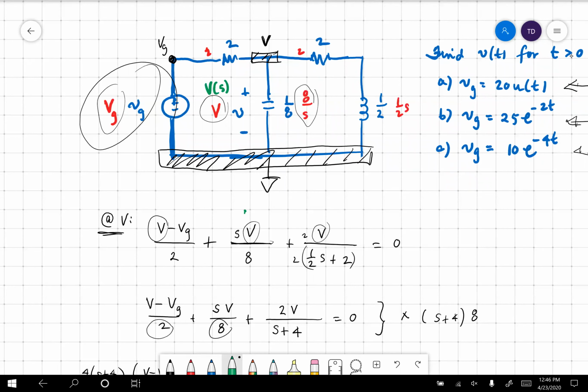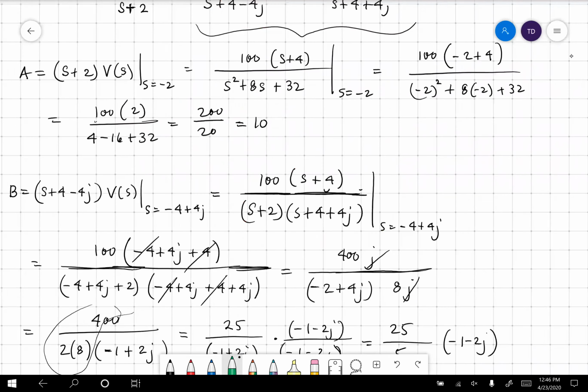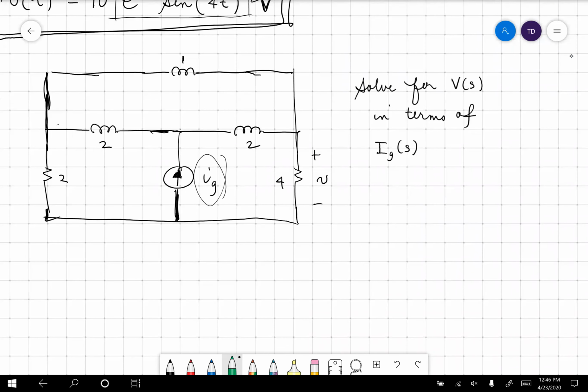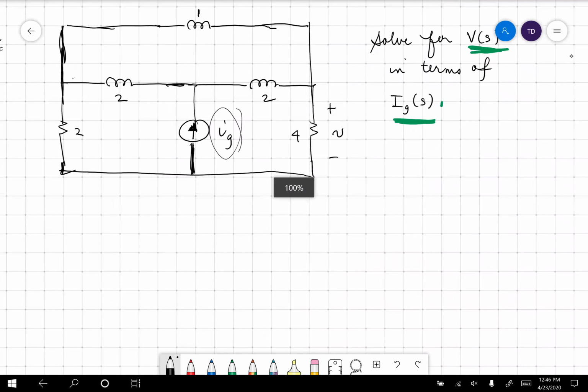Down here, they get V of S like this, and they confuse that to thinking it is V times S. Okay? Because you've seen us use a lot of parentheses to do that. And so when we are writing in the circuit, here, there's an S, and that is 1/2 times S. Here, we want to make sure that we don't write V of S to make it look like it's V times S. So that's why I don't do that there, okay? But here, I do write it because there's no confusion about it. Solve for V of S in terms of IG of S. So that's why I adopt that sort of notation.